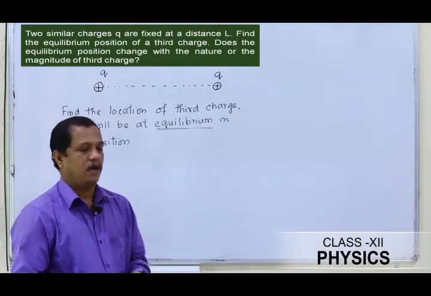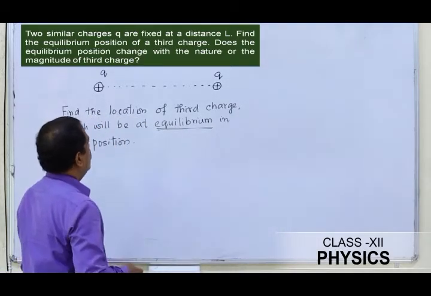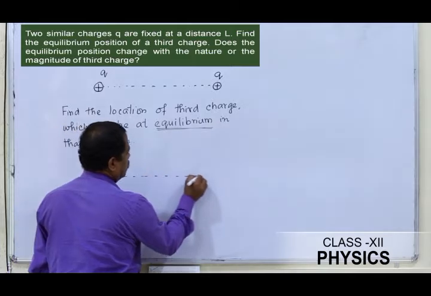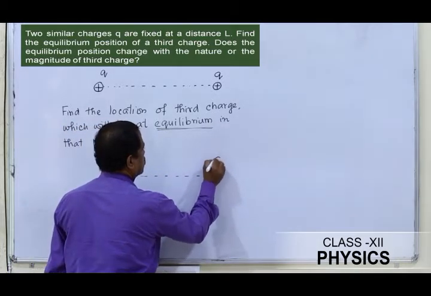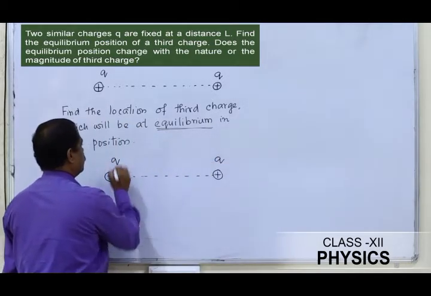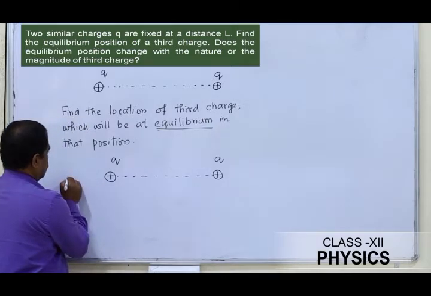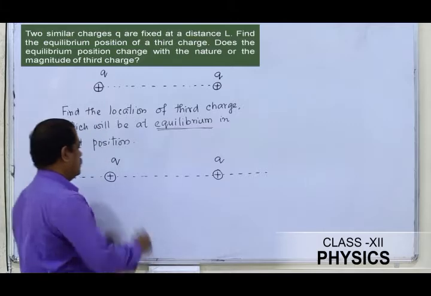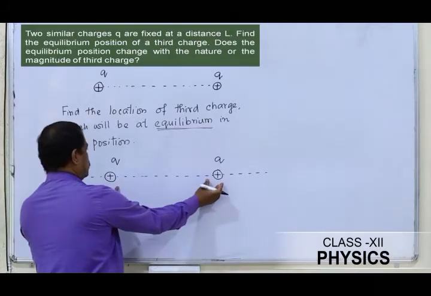Now how to go with this problem? Let's try. I have a charge here. I said this is a charge Q and this is another charge Q, the same charge setup. Now this is the line that joins the two charges.